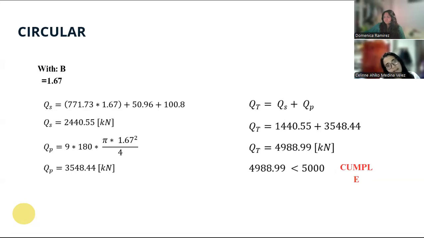The same is true with the circular, but in this case B is equal to 1.67 and it's very, very near to 5,000. After that, we decided to make a verification in Excel, as you can see.